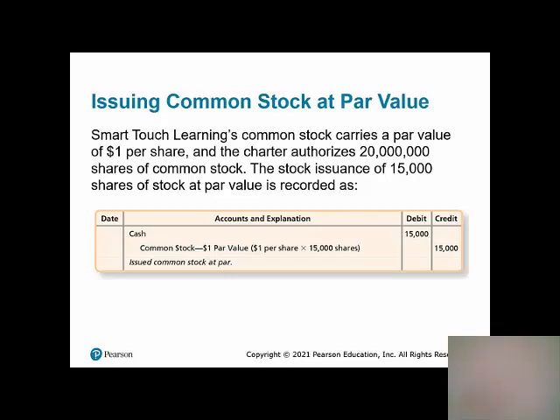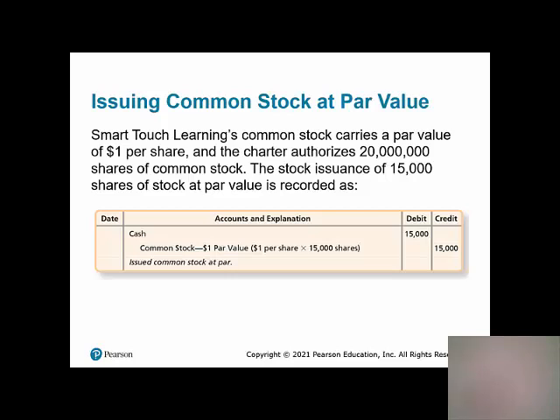We're going to talk in this learning objective about how to account for the issuance of, first of all, common stock. So in the first presentation we talked about par value. Again, par value is just an arbitrary amount, usually low, that the corporation assigns to each share of stock in the articles of incorporation, and that becomes what is called legal capital.